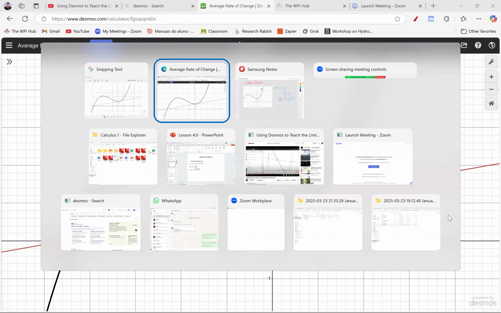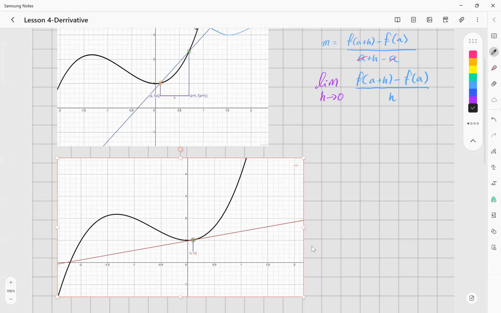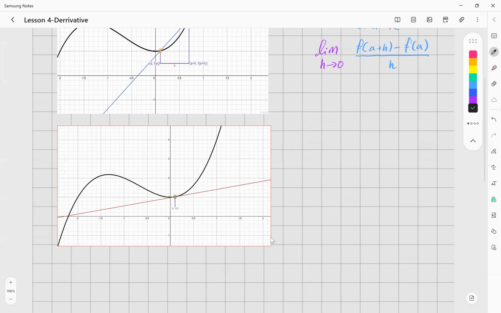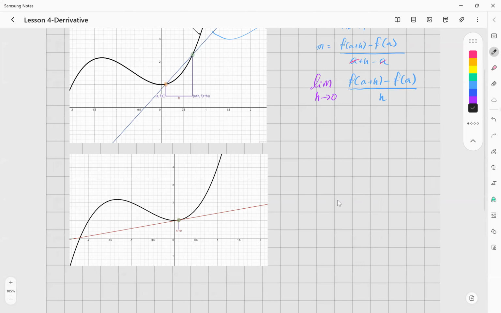Okay. So if you see here, now this is the definition of that. This is the slope of this.